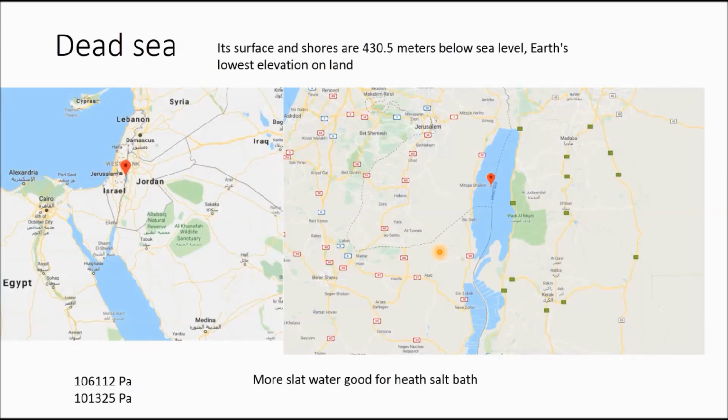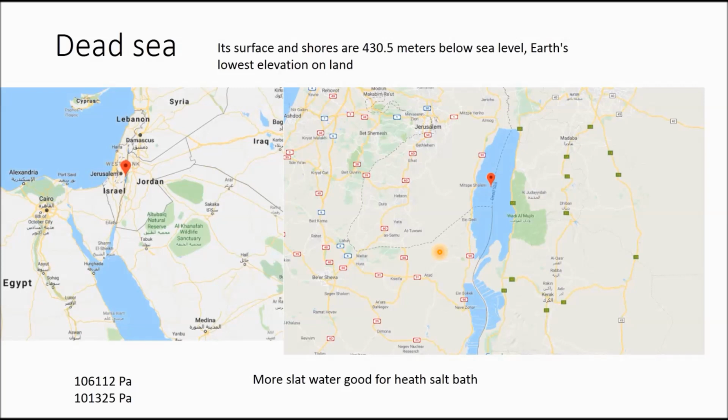But we talked about above the atmospheric pressure. Then what about below the atmospheric pressure? That is also very, very important. They call it the Dead Sea. This Dead Sea is below the atmospheric pressure.